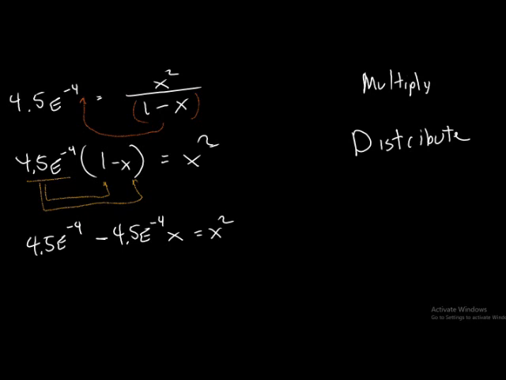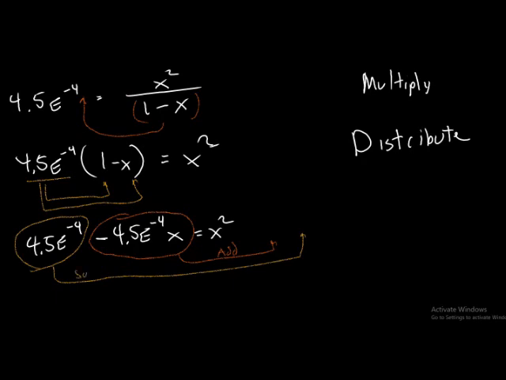This 4.5 times 10 to the negative 4th x has a negative sign, so when we move it, we will add that to the right side. This other constant term, 4.5 times 10 to the negative 4th without the x, is positive, so when we move it, we will subtract. When we finish, we'll end up with 0 on the left equals x squared plus 4.5 times 10 to the negative 4th x, which we added, and minus 4.5 times 10 to the negative 4th, which we subtracted. This will be our quadratic equation.